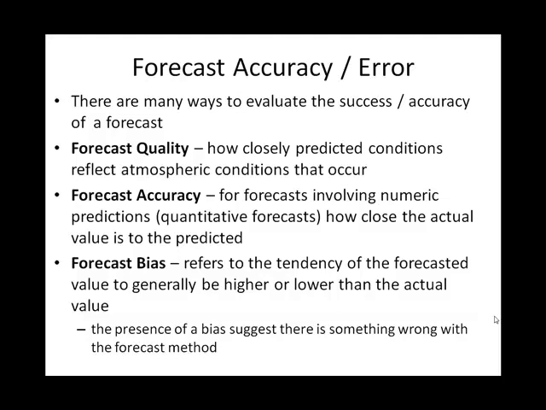For instance, if temperature can be predicted relatively accurately, but if the weather is always predicted warmer than it actually ends up being, then that would be a bias, and that indicates that there's something wrong with the forecast model or the forecast system that's in place.